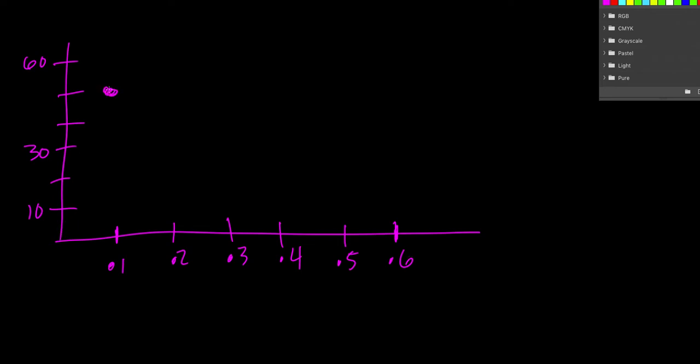Then we have one at 50 right there, and then 0.3 and 50. Then we go down to 30. And then we stay at 30. And then we go to 0. Okay.